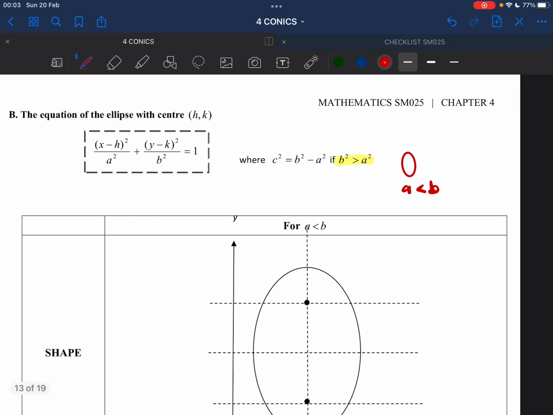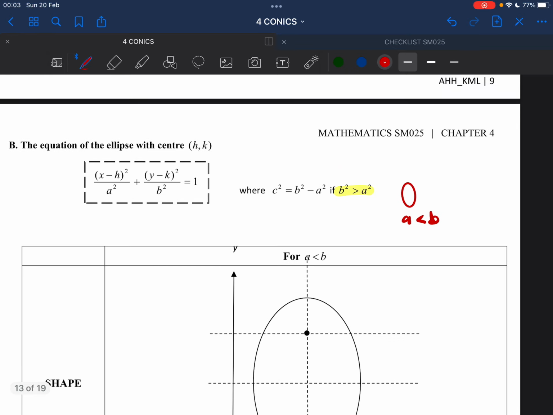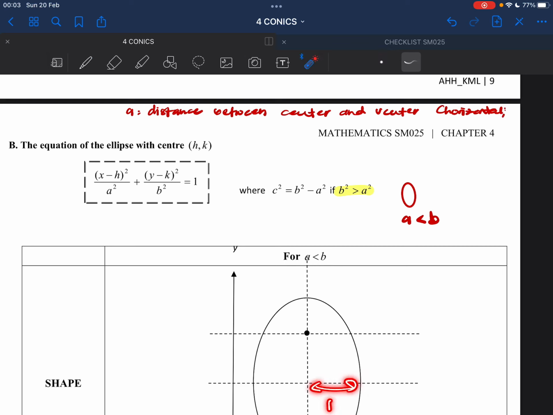Okay, so let's recap here. We know that a is the distance between the center and vertex for the horizontal shape. Both shapes are the same, so the distance here is still a.